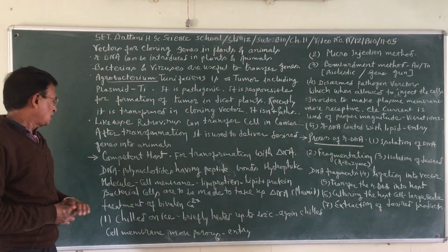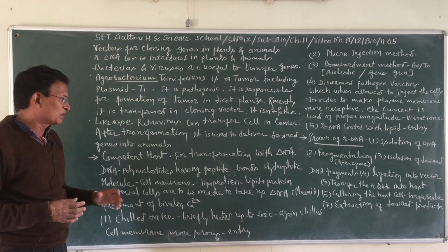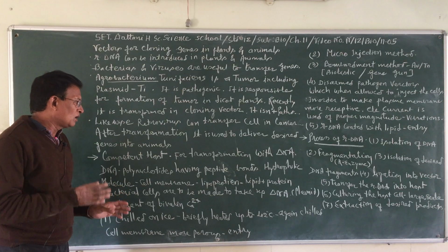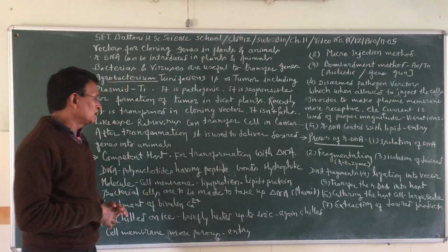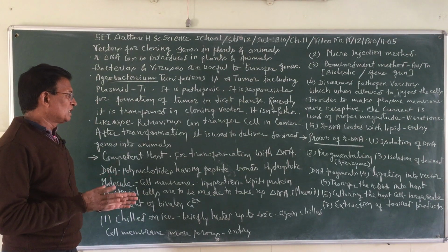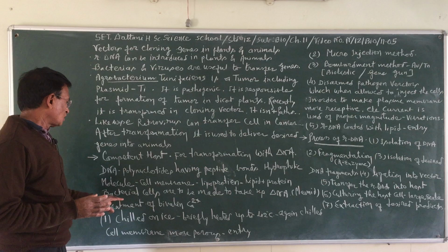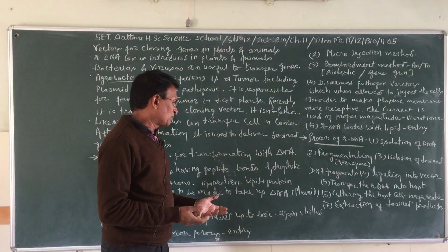So, it is known to us that the cell membrane is made of lipoprotein, that is lipid and protein. So, it will not allow the hydrophilic particles to go inside. It will only allow the lipid particles to go inside. So, bacterial cells are to be made to take up the DNA.